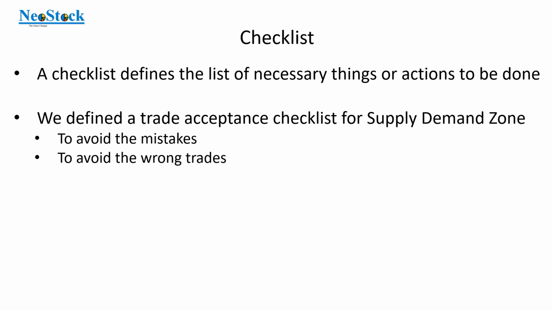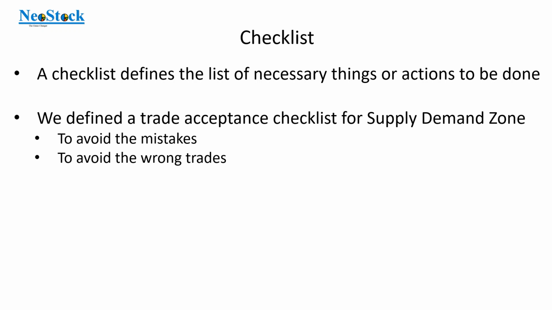So you may ask a question, how is this checklist going to help us avoid mistakes or wrong trades? Before doing your trade, you will be doing your analysis with the help of supply demand zone price action. All these topics you learned all these days from your phase 1 and phase 2 training program.